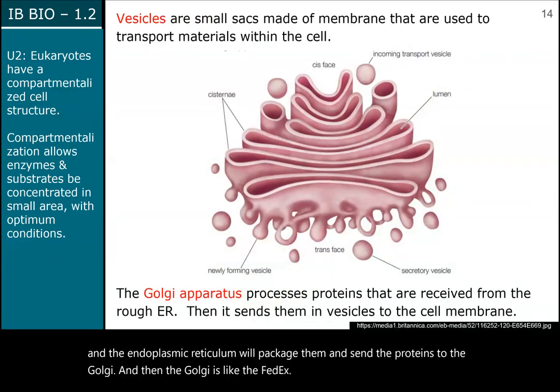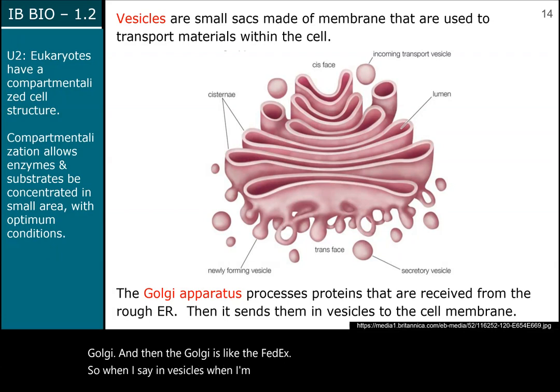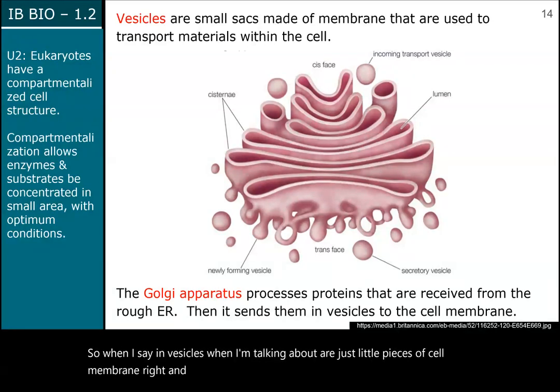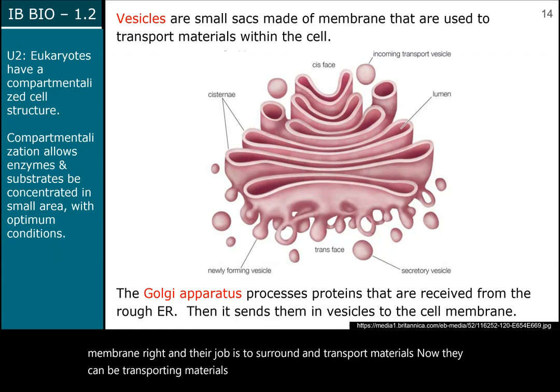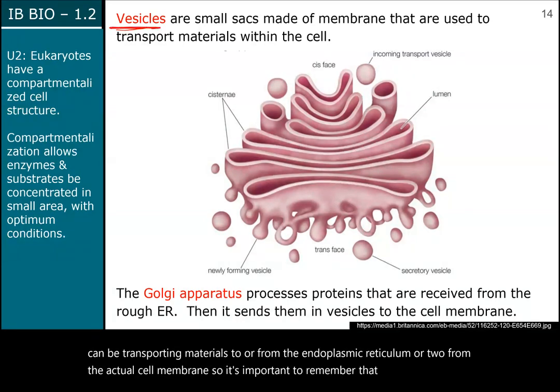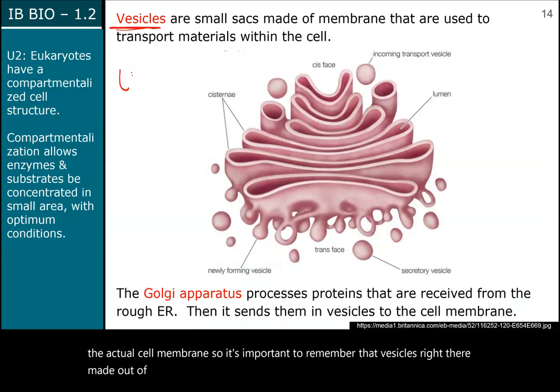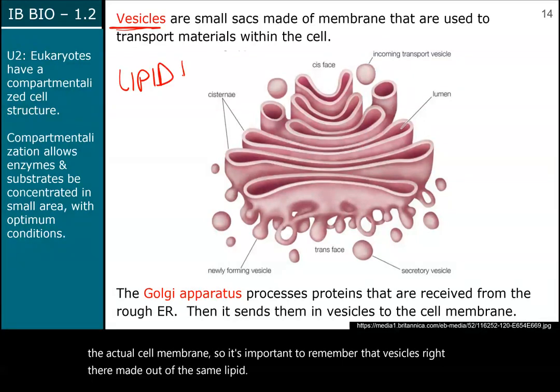So when I say vesicles, what I'm talking about are just little pieces of cell membrane, right? And their job is to surround and transport materials. Now, they can be transporting materials to or from the endoplasmic reticulum, or to and from the actual cell membrane. So it's important to remember that vesicles are made out of the same lipid bilayer.